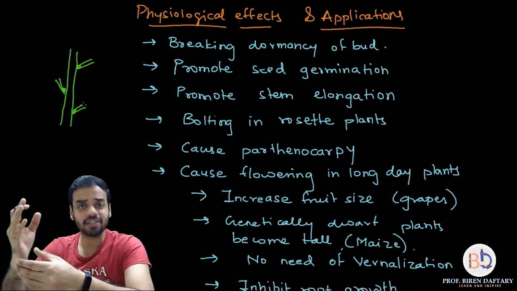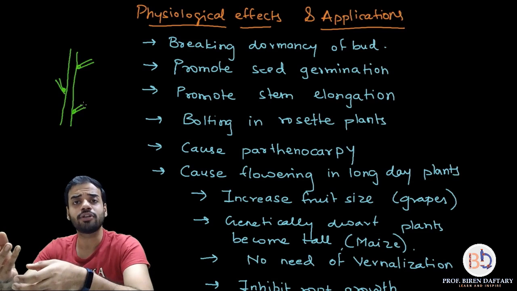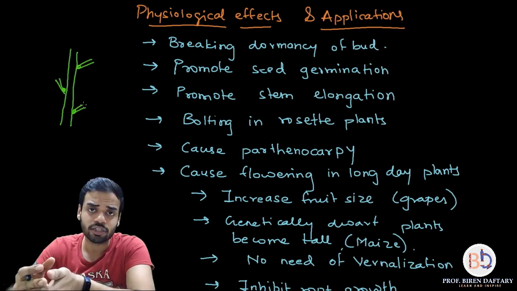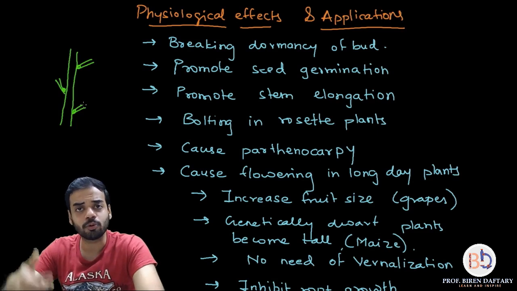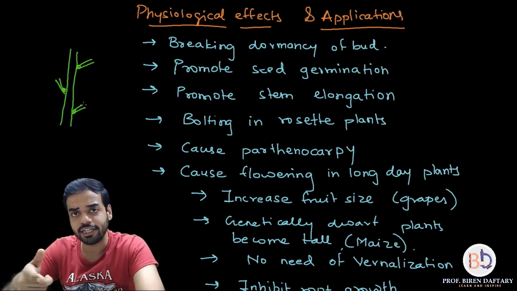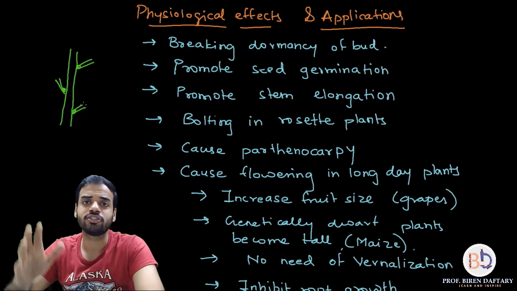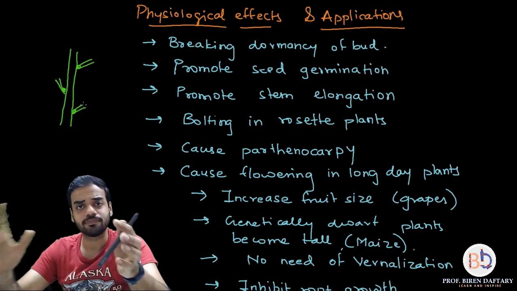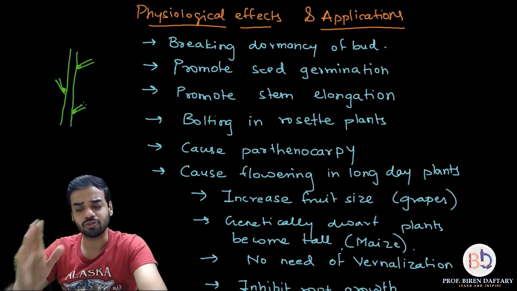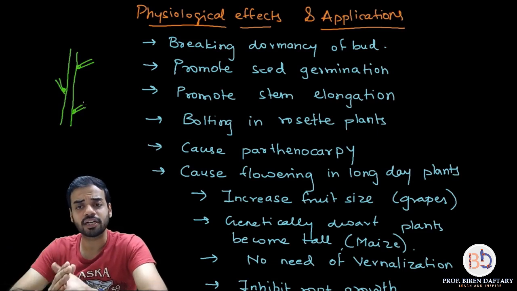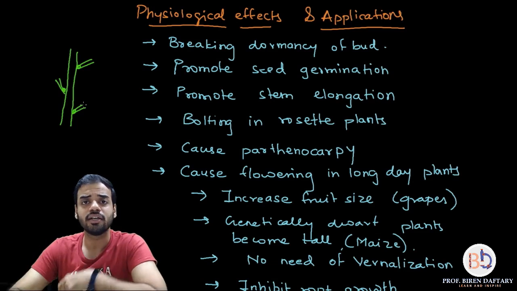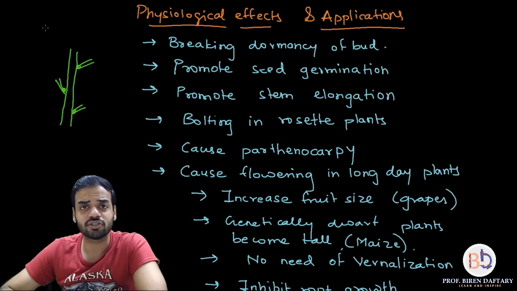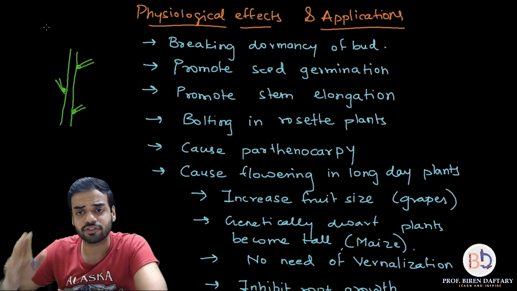However, even in unfavorable conditions, if you add gibberellins to the soil, or use a foliar spray with gibberellins on leaves, that will break the dormancy of the buds and the buds will begin to grow. So basically, even in unfavorable conditions, you can break the resting phase of the bud and give it a message to grow. That is the first point.